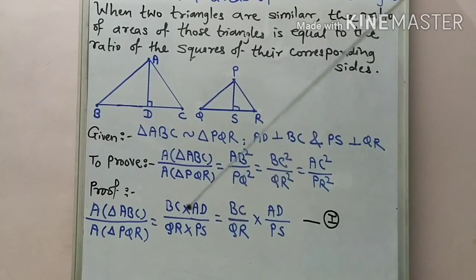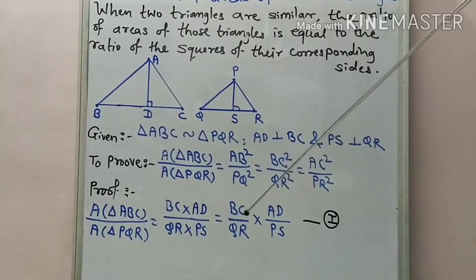As we separate the base and height, we can write the same ratio as BC upon QR into AD upon PS. But what you have to prove is that the ratio of areas of these two triangles is equal to the ratio of squares of their corresponding sides. Here we write three pairs of corresponding sides, and if we prove it for any one pair, it is proved for all three pairs.